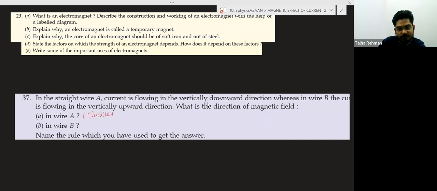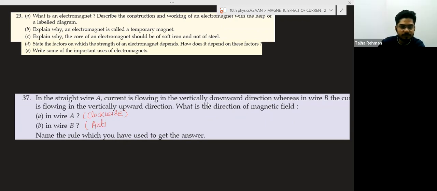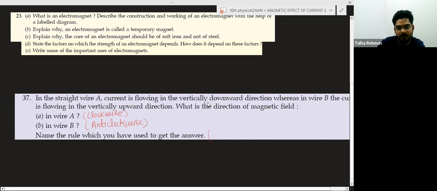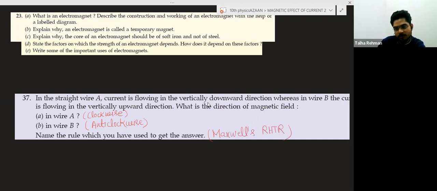And which rule are we using to find this direction? Right hand thumb rule. Maxwell's right hand thumb rule.